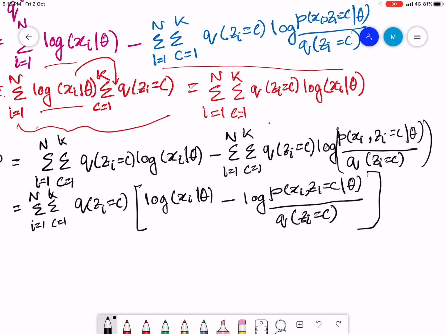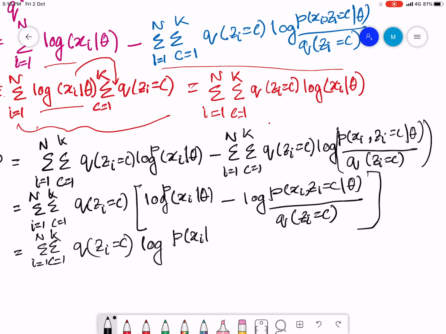So log of this by this, which is the same as the summation i equals 1 to n, c equals 1 to k, q(z_i equals c) log of, I missed the p everywhere, okay, log of p(x_i given theta) divided by p(x_i, z_i equals c given theta).